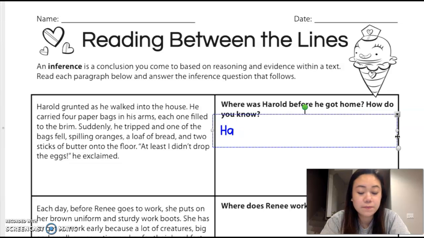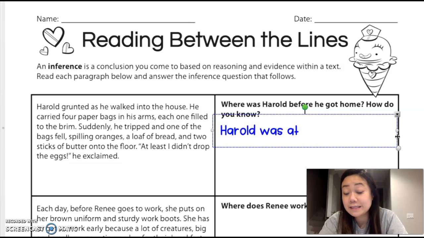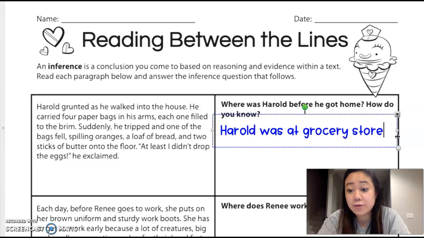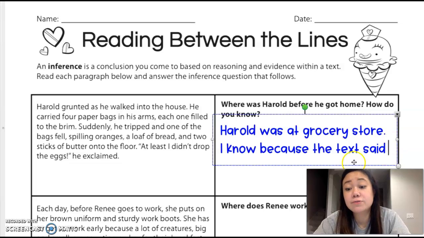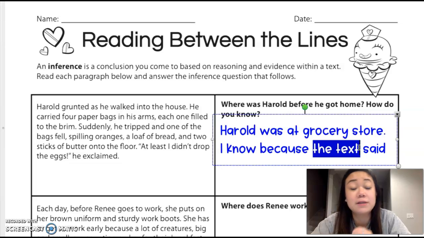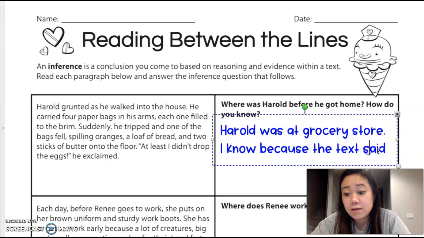Harold was at, who can tell me? Harold was at the grocery store. How do you know? I know because the text said, and we're in 4th grade now, so you do have to say that I know because the text said, or I know because the author said, one of those.